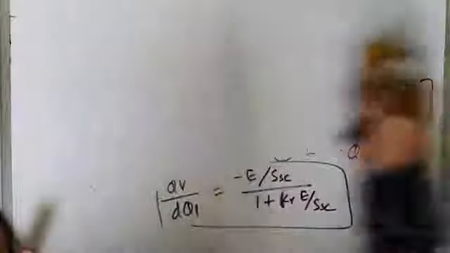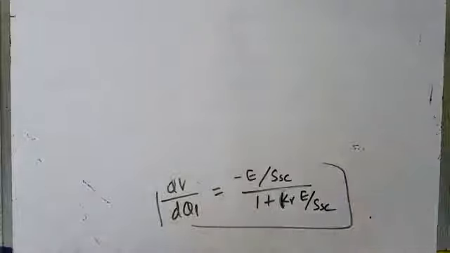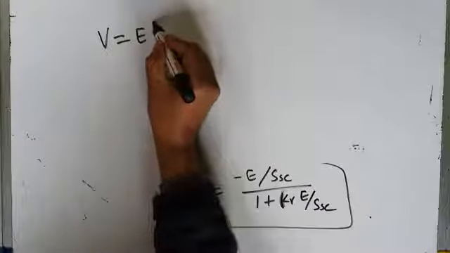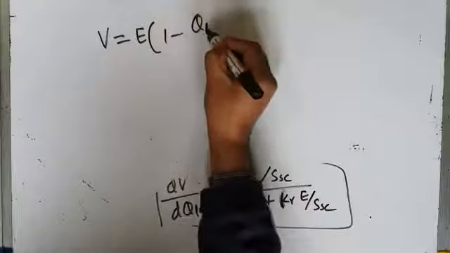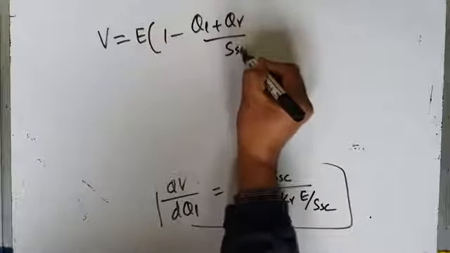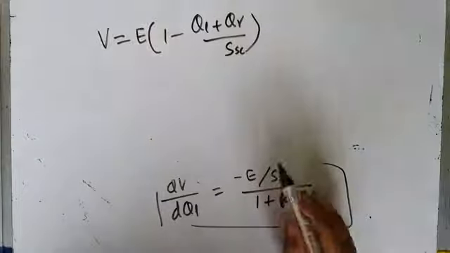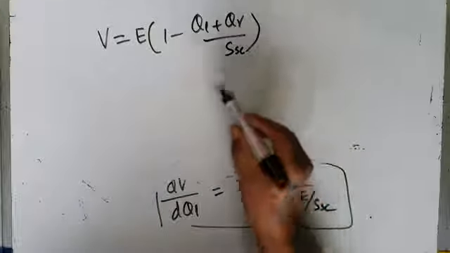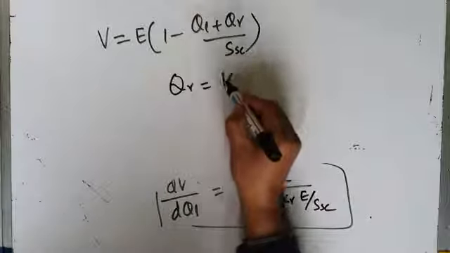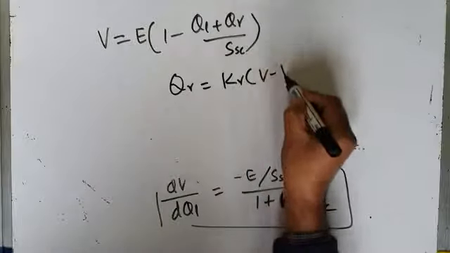Moving ahead, I can again write this voltage V equal to E times 1 minus QL plus Q gamma by SSC. And we also know Q gamma is equal to K gamma times V minus Vk.